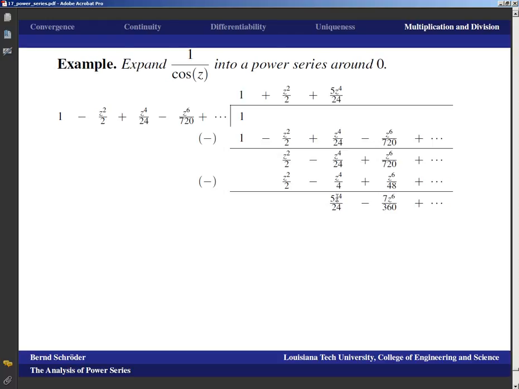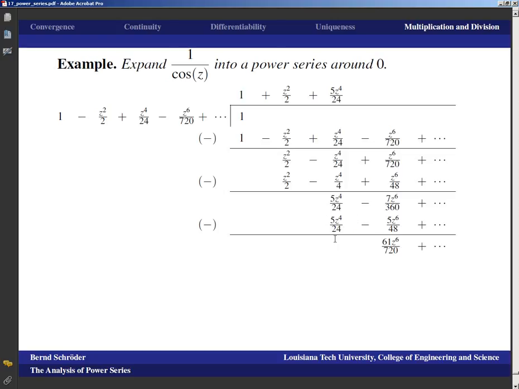1 has to be multiplied with 5z to the 4th over 24 to get 5z to the 4th over 24. And now we multiply again, we get 5z to the 4th over 24, and then 5z to the 6th over 48. And if we subtract that out, we get, well, again, a 0 here, and we obtain, oh my goodness, well, we had that 48 was 15 times 720.